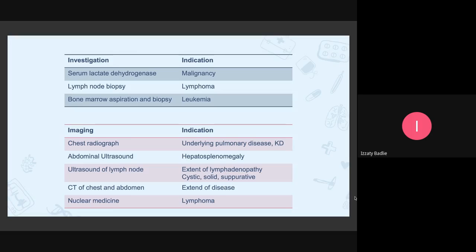Abdominal ultrasound for hepatosplenomegaly. Ultrasound of the lymph node to look at the extent and the characteristics of the lymph node. CT of chest and abdomen to look for the extent of the disease, and also nuclear medicine for lymphoma.